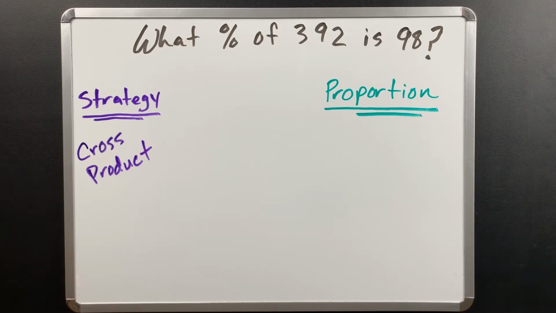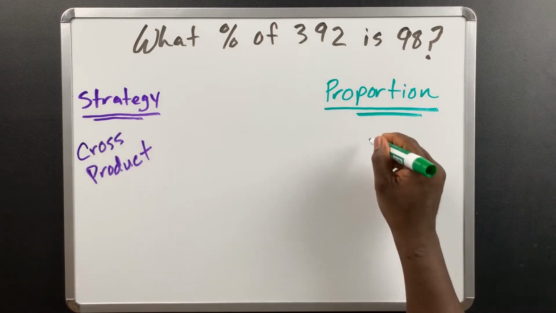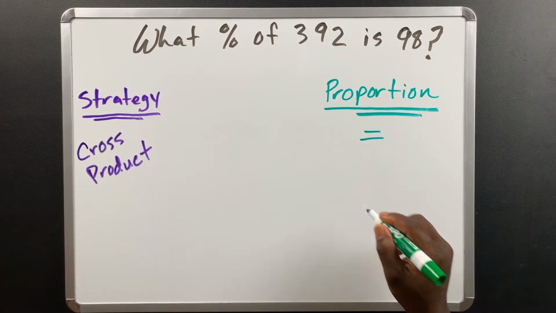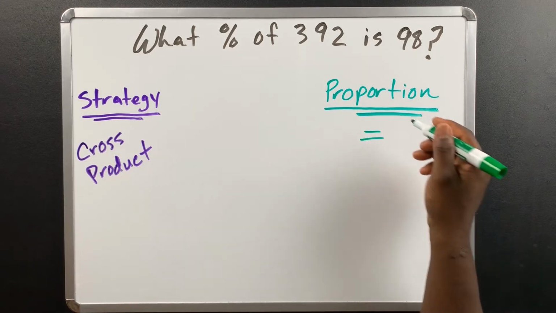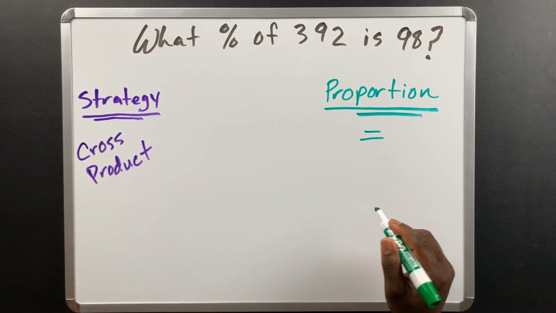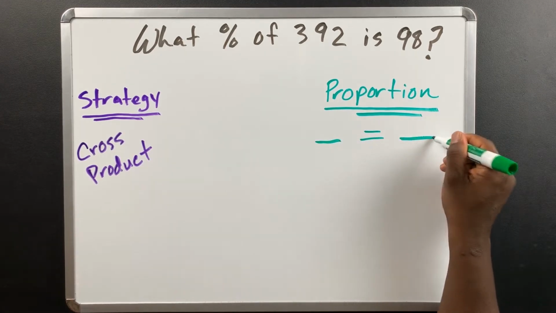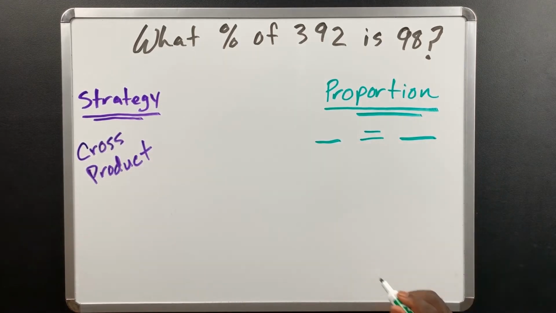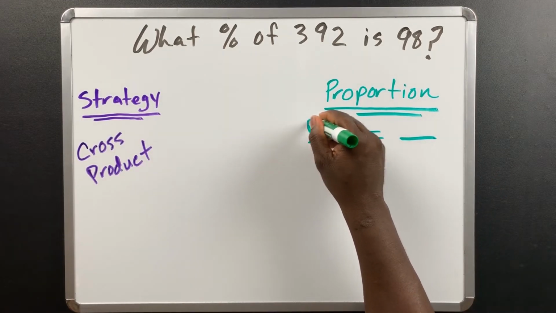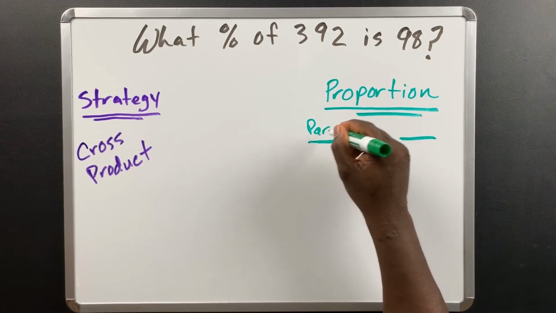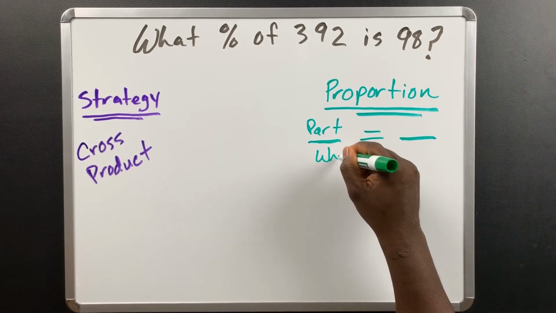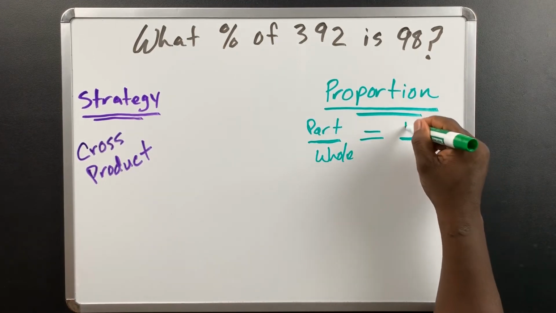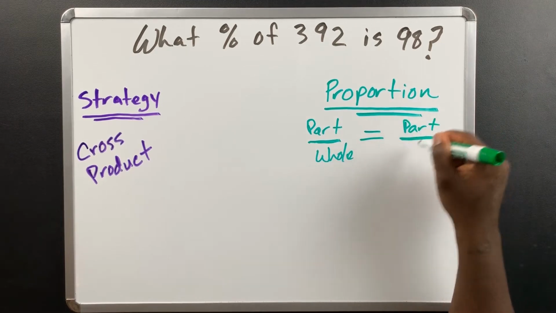Let's first talk about what a proportion is. Okay? So a proportion is a certain type of equation. In particular, it's where you have two equivalent fractions that are equal to each other. Two fractions or ratios. In this case, a proportion means that you have a part over a whole equal to a part over a whole.